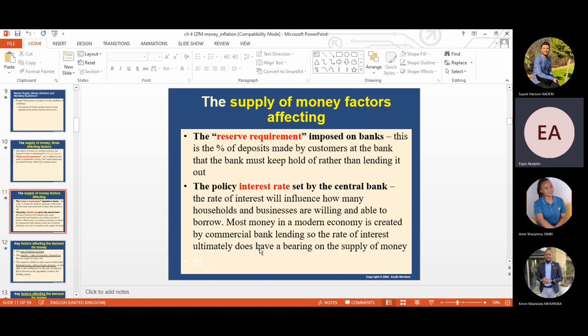Therefore, the interest rate is also an important instrument of the central bank for controlling the money supply, which is set, as I said, by the central bank, being able to sell some bonds or other treasury bills to the banking sector to create some capital.